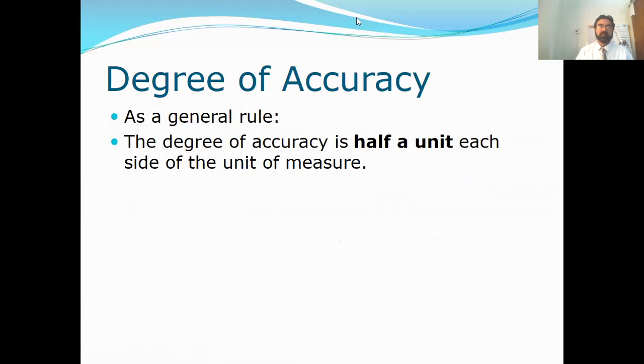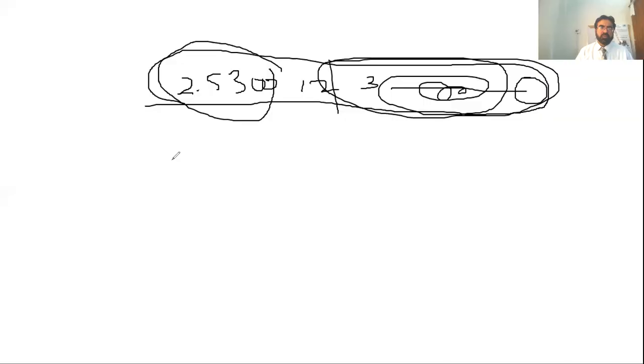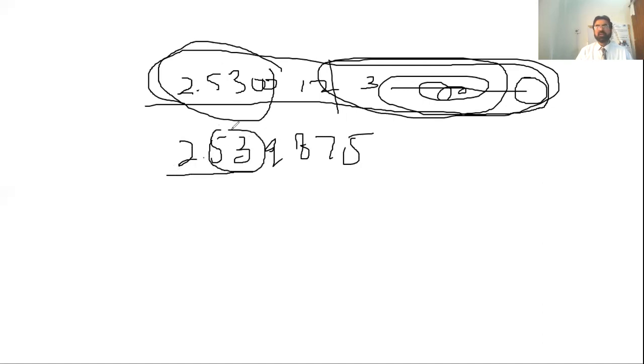For example, if we measure weight and it comes out as 2.53987 or something like that, what do we do? We just go up to 2 digits after the decimal for our convenience.